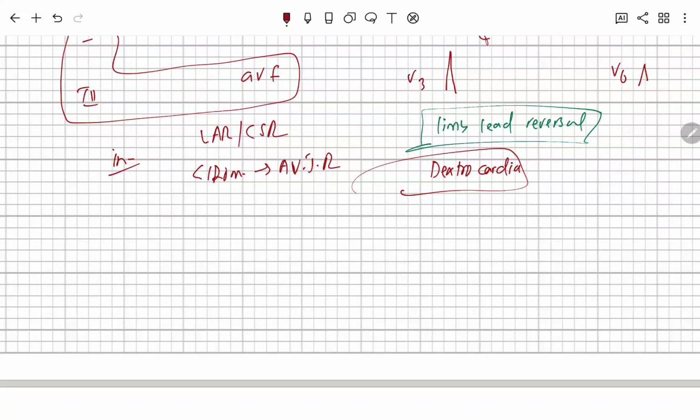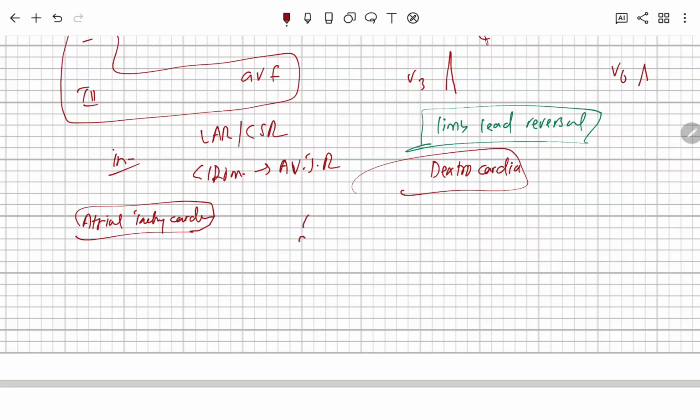The next thing is atrial tachycardia. Atrial tachycardia is seen in conditions when the rhythm is not sinus, when there is some other focus present in the atria. So P wave shape will be dependent on that.